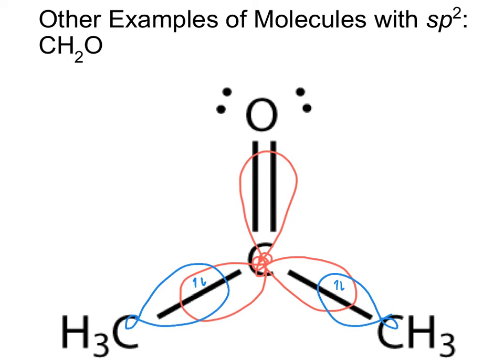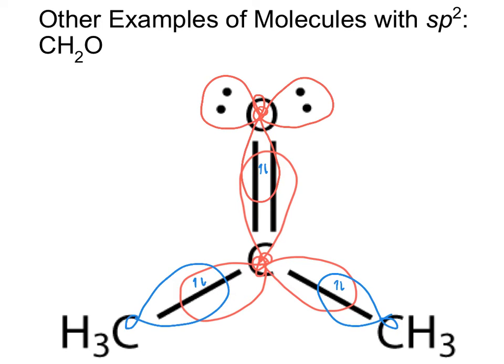Note that our oxygen atom also has 3 electron domains, and so that will form 3 sp2 hybrid orbitals as well. One of those will provide our sigma overlap between the carbon and oxygen. The other 2 will hold the lone pairs on oxygen.